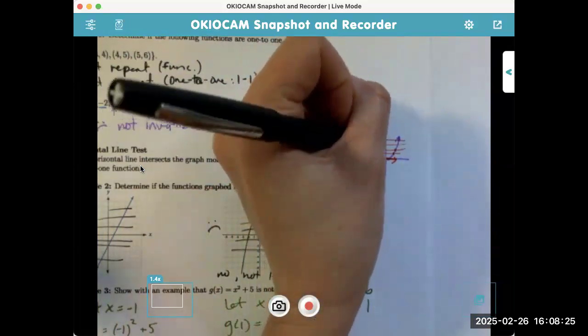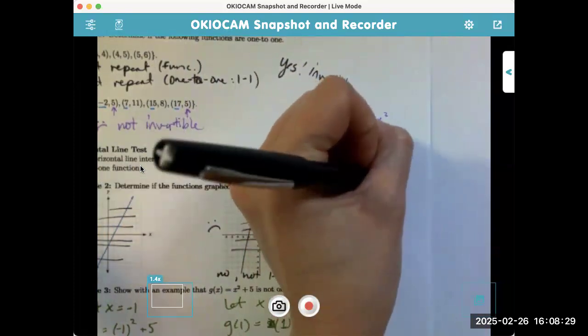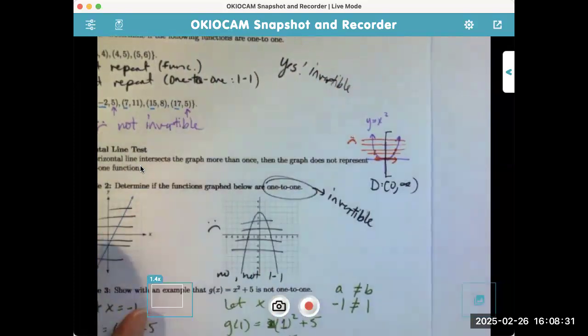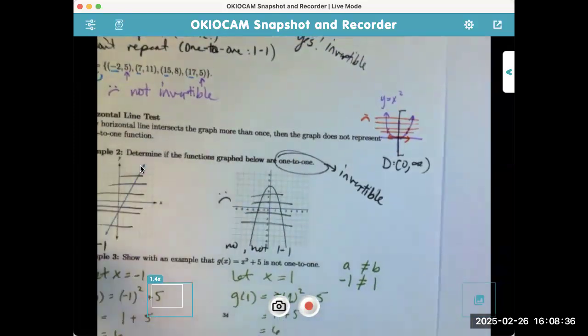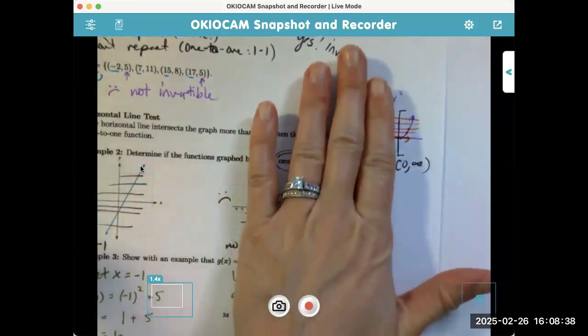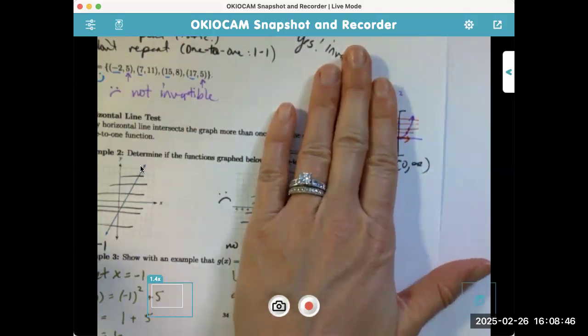So when we need this to happen, we force a domain to be from 0 to infinity. So that now when I cover up just the left-hand side and I'm only looking at the right, so I only have a single branch, if you would, now we do pass the horizontal line test.